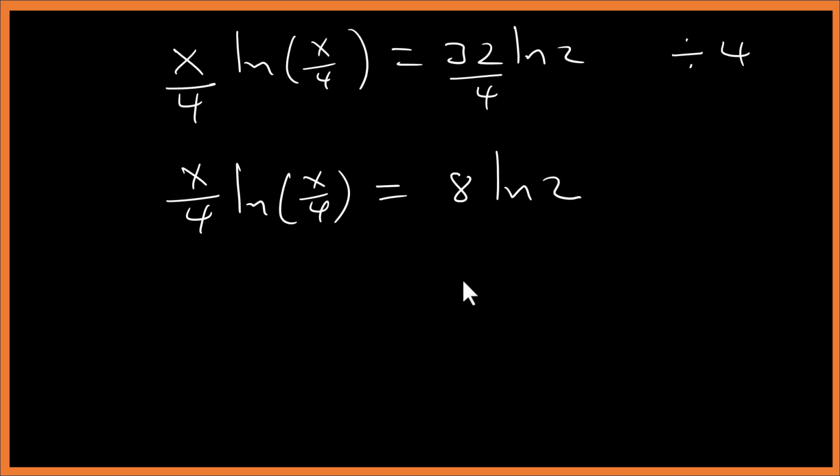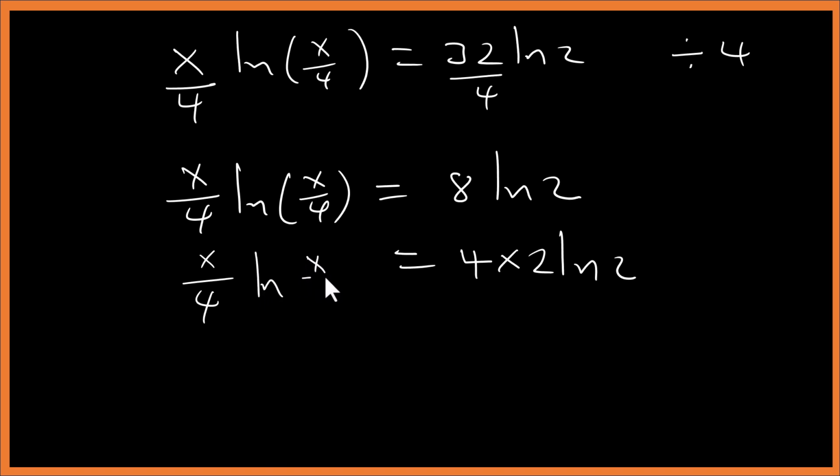So from here, you can write 8 as 4 times 2 ln of 2, and we have x over 4 ln of x over 4. We can write this as 4 ln of 2 squared, or just 4.